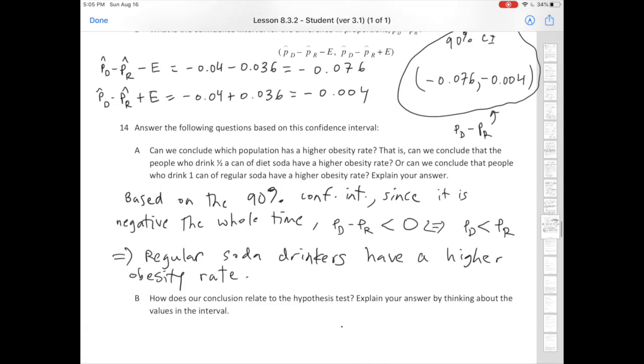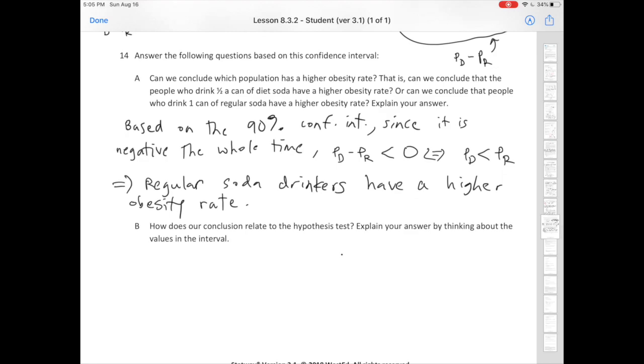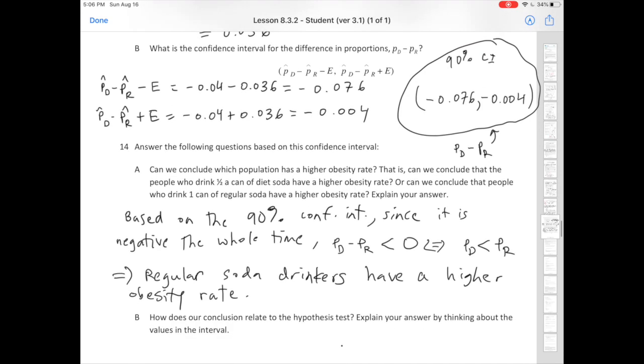Finally, last part here. How does our conclusion relate to the hypothesis test? Explain your answer by thinking about the values in the interval. So, what does this mean? We have two ways of analyzing things, right? With a hypothesis test and with a confidence interval. Earlier in Module 8, we talked about confidence intervals and we practiced doing that.